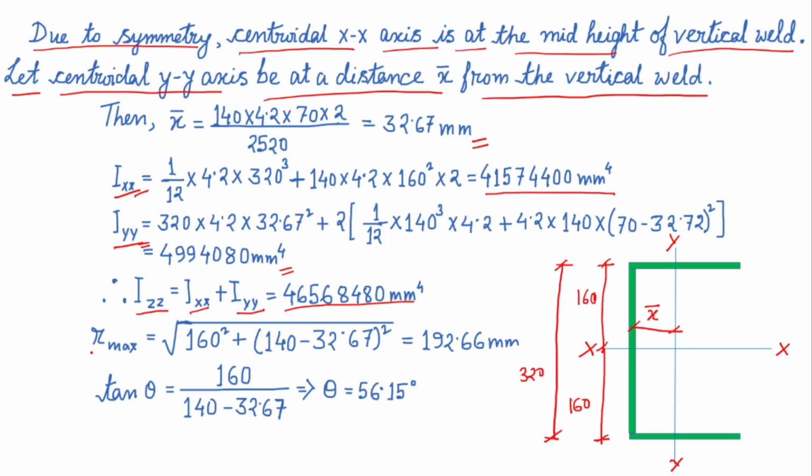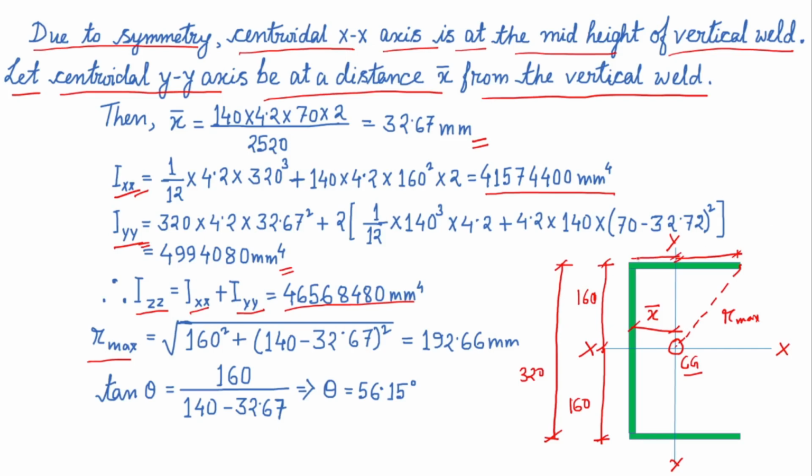Next I have to calculate R max. So what is the R max? It is the distance of the extreme weld from the CG of the group. So this is the CG of the group, and this is the extreme point of the weld, and this distance is called R max.